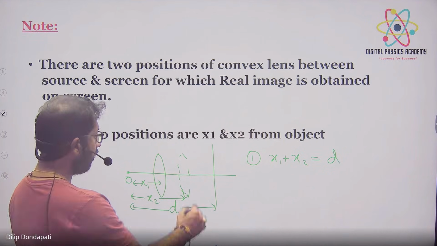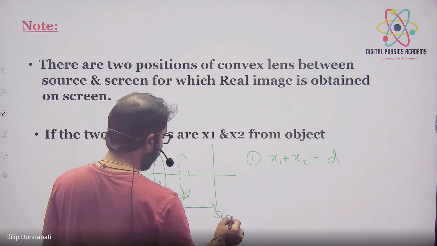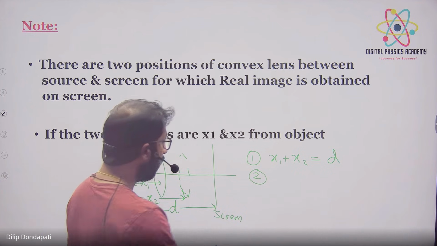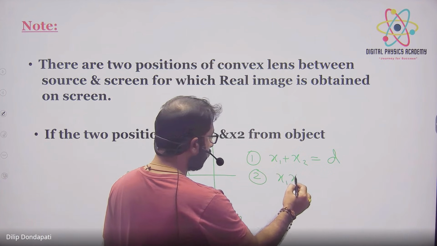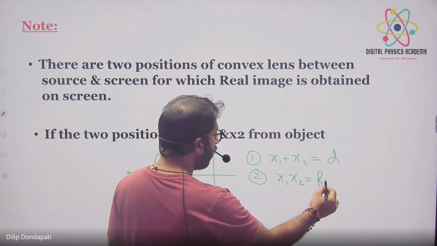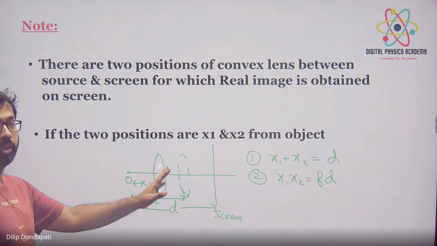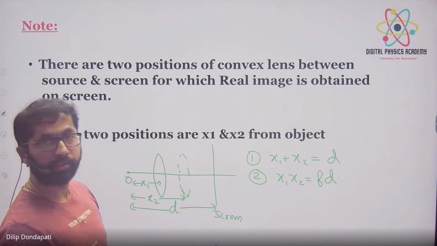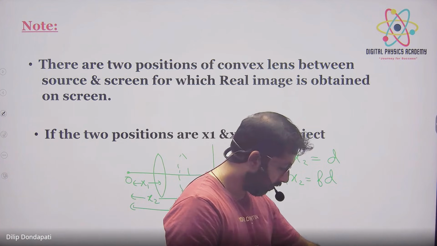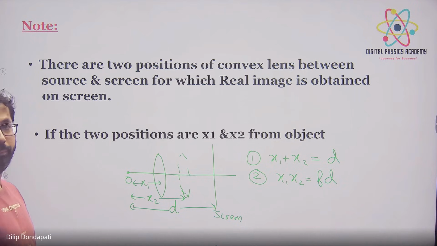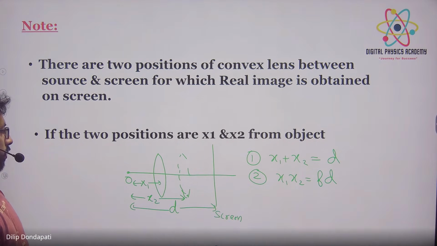And the second relationship you should know: x1 into x2 is equal to f into d. This is the relationship between them. So whenever two positions are mentioned, you can use these relationships and you'll get the answers. f is the focal length and d is the distance between the object and the screen.